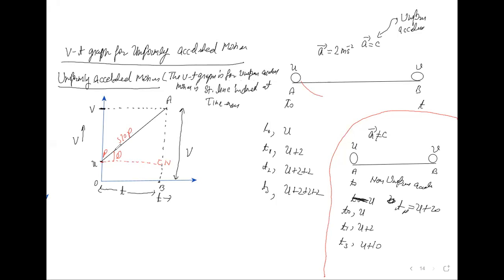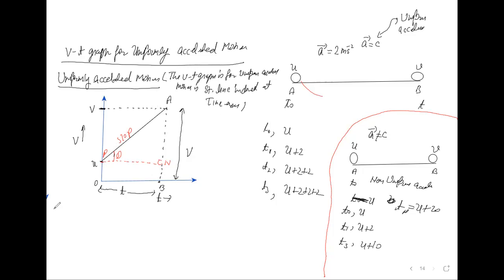Inclined means having a theta with respect to the x-axis. This is a line parallel to this time axis. So we can say that it is the inclination with the time axis. Okay, so this is the graph represented by uniformly accelerated motion.